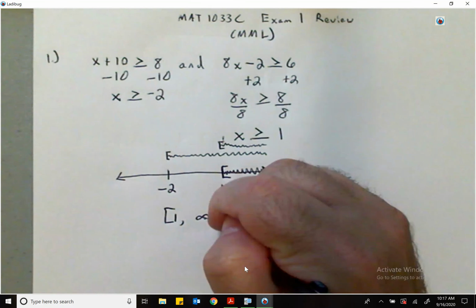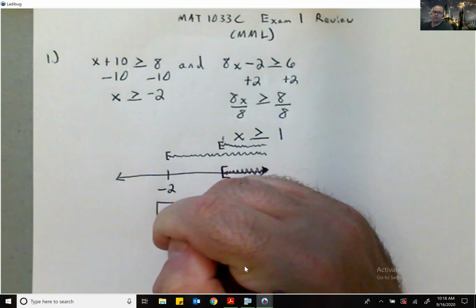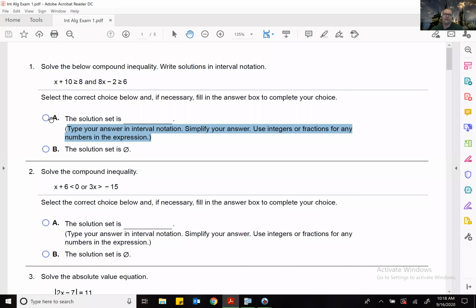And there is the interval notation. So you will be selecting A, and then you'll come over here and put the bracket 1 comma infinity parenthesis. Does that make sense? Okay.